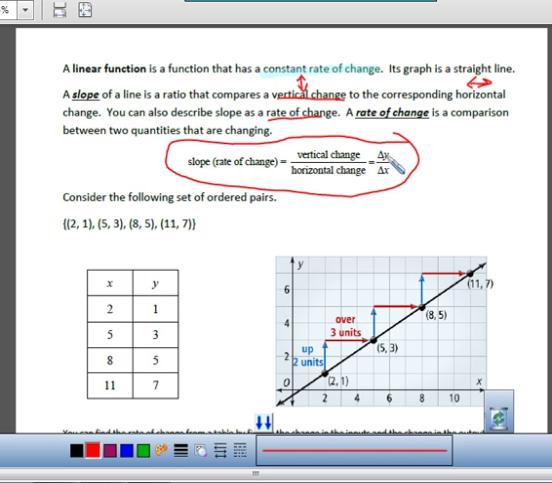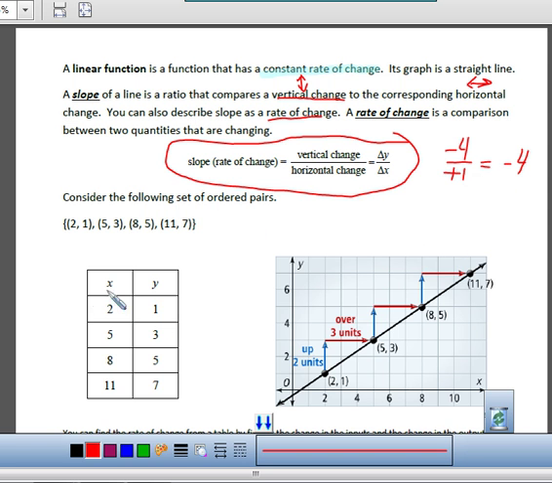What it means is the change in y over the change in x. So remember, that other one was decreasing by 4 every time for the y value, but increasing by 1 every time. So -4 over +1, or just -4.